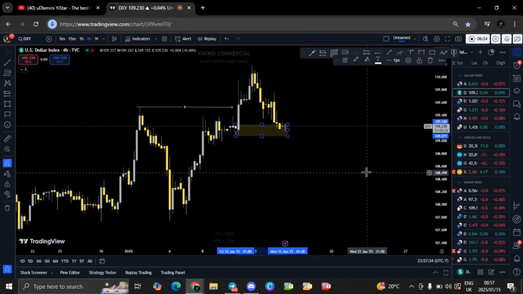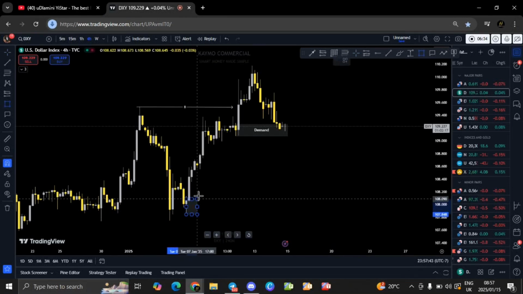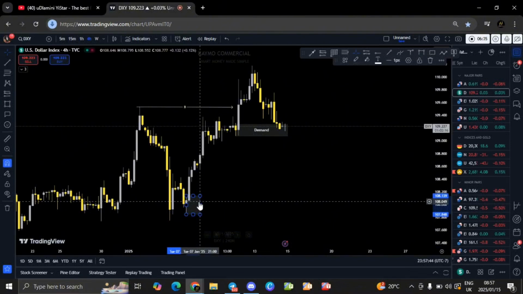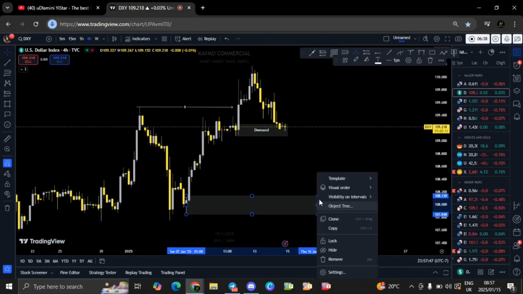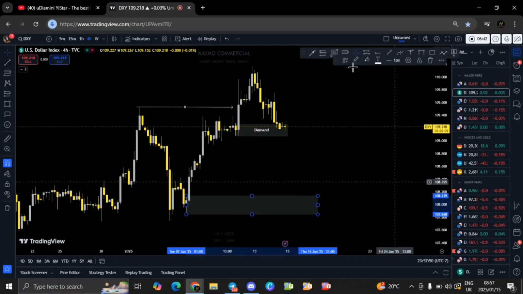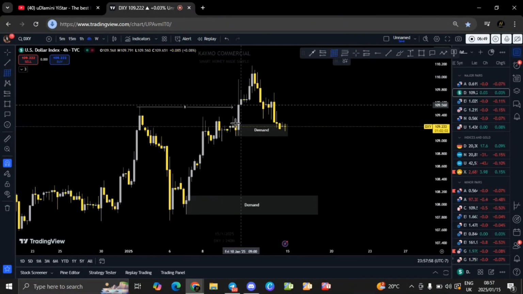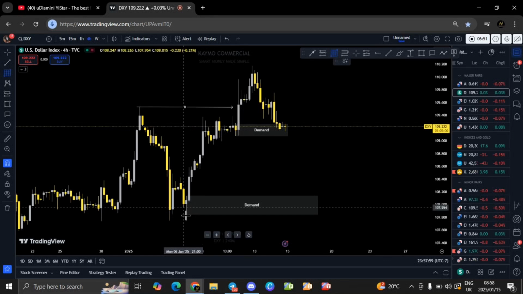Yes, it might look promising, but this is also our extreme demand zone, which is more likely to get tapped rather than this one, because this was the low that caused this shift of structure, this break of structure to the upside, right?